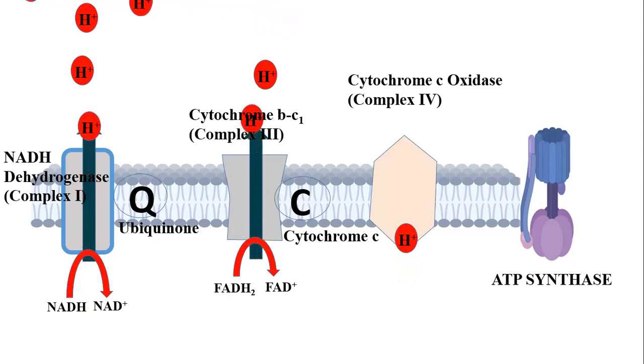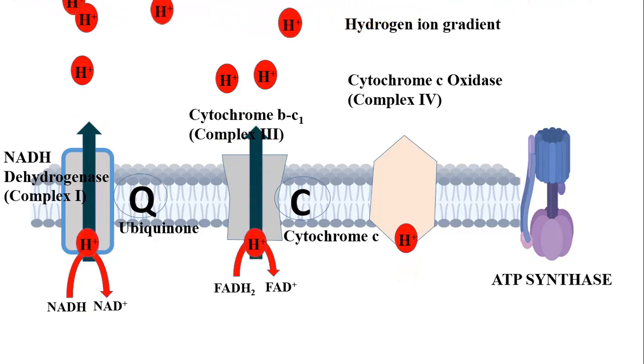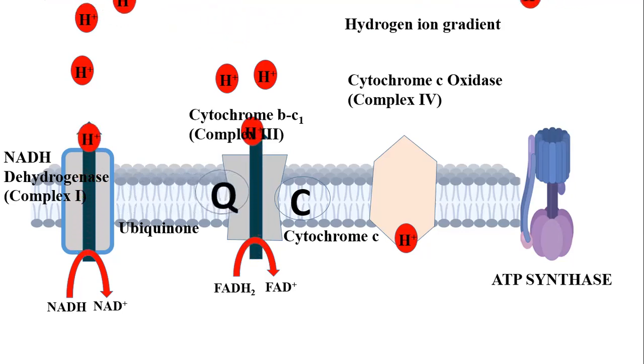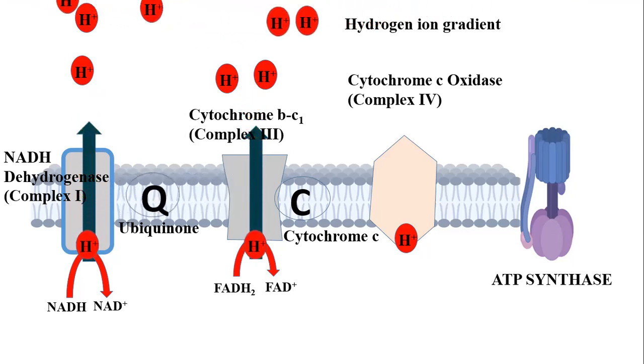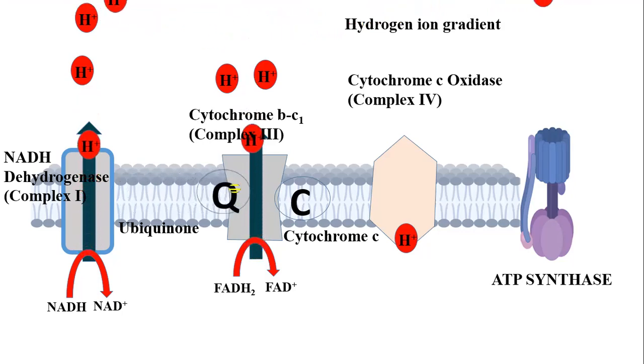And so when you have a high concentration of this in the intermembrane space, you will have what we call the hydrogen ion gradient. Aside from that, we also have the movement of electron from complex 1 to complex 3. So ubiquinone carries electron from complex 1 to complex 3, and the electrons are deposited in complex 3. And also cytochrome C carries electron from complex 3 to complex 4.